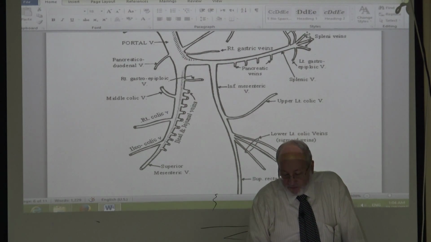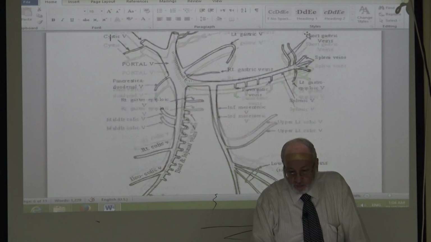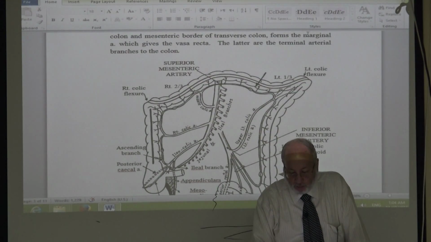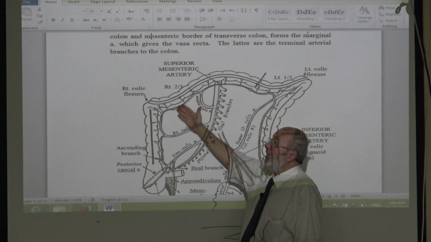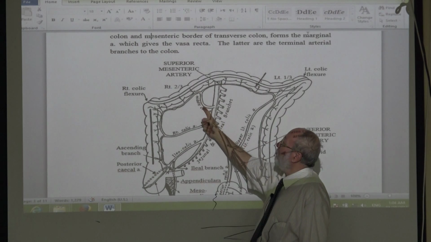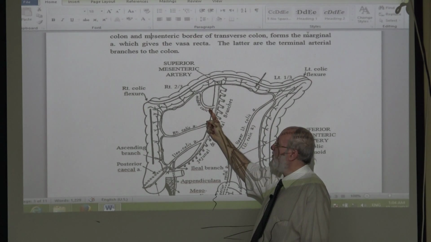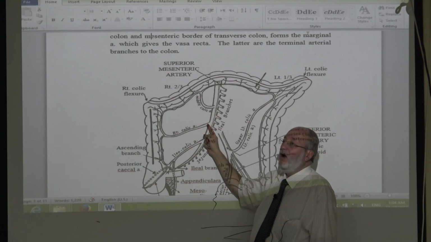What is the venous drainage of the mid gut? Drainage of right 2/3 of transverse colon by middle colic vein. Right side of the colon, right colic vein.